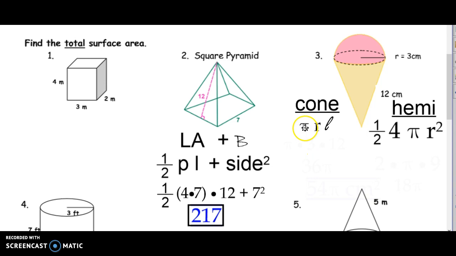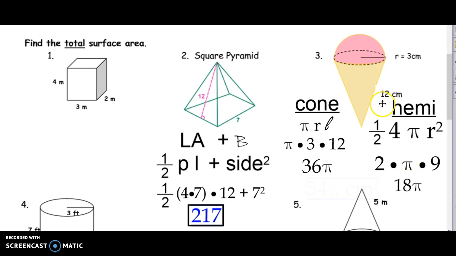What I'm going to do right now is just replace the letters with the correct numbers. Pi will stay pi, the radius is 3, the slant height is right here on the picture, so here's going to be my cone, and that will simplify into 36 pi. For the hemisphere, I just need to fill in this r, that's 3, so I'm going to take half of 4 times pi times 3 squared, and that's going to give me 18 pi.